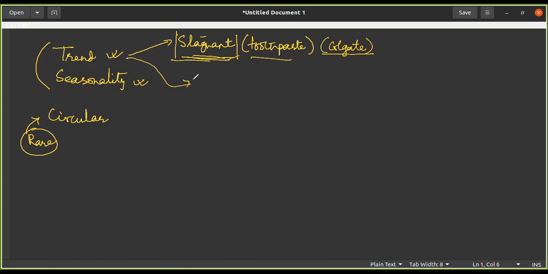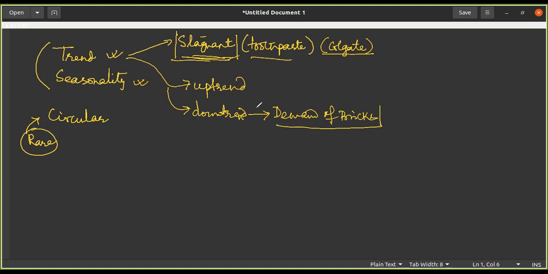Then let's say I'll have something known as uptrend, and then there will be something known as downtrend. Examples of this, let's say, is the demand of bricks. If I am going to talk about the demand of handmade bricks, bricks which were being created earlier using the manual methods which we used to use, this demand is going to be a downtrend.